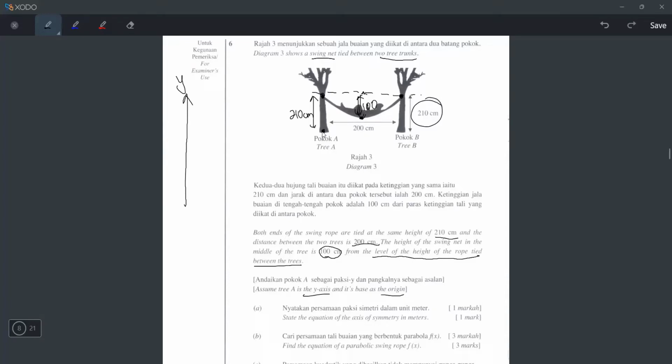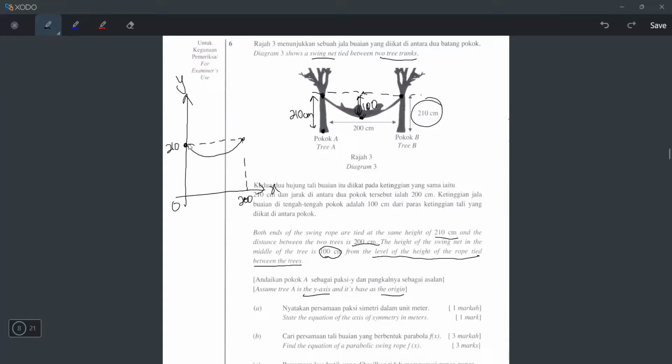So the base of the tree is here, right? So this is the origin, 0. So we can say that at the height 210 cm, this is where the swing net is, and then it will go like this, right? And this is the same level. It has the same height because the length here also 210, and then when you go down here, you'll be 200 because that's the distance between the two trees.